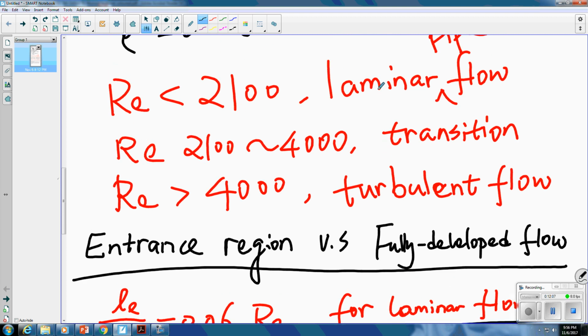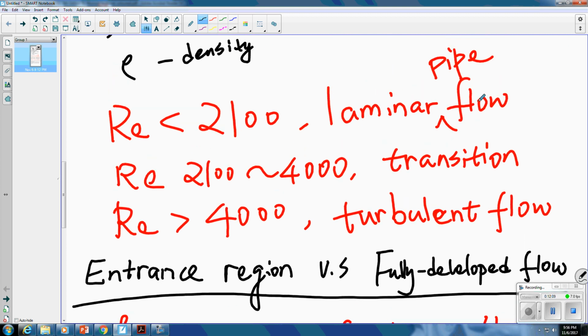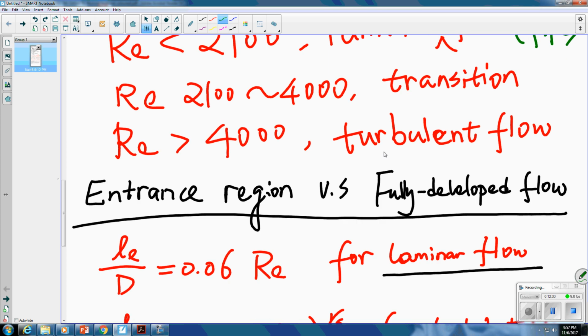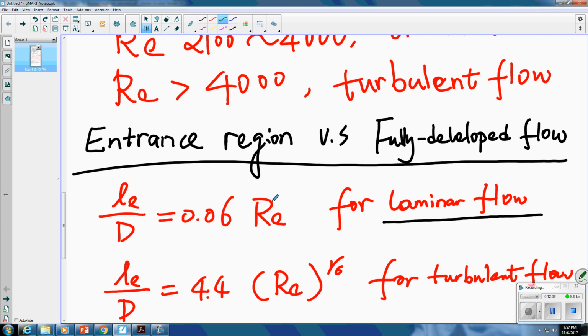And we have mentioned the Reynolds number for laminar pipe flow, and here we want to emphasize that we're talking about circular pipes. If your pipe has another shape, for example rectangular or other shapes, this laminar flow Reynolds number range will be different. So specifically we're talking about circular pipes, where the Reynolds number is about 2000.